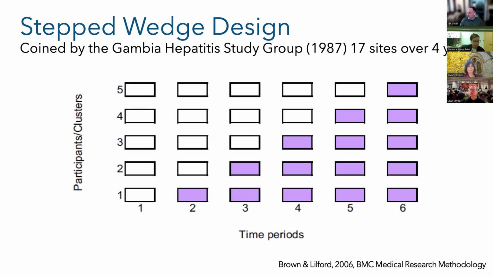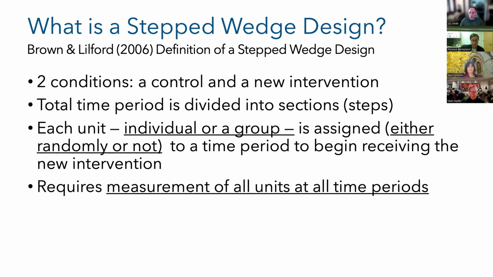I'll get into a little bit more about why we call it a stepped wedge in a second. Brown and Lilford also put out the defining characteristics and definition of a stepped wedge design in 2006. And this is true for a stepped wedge. Some of these things are not true for the whole broad class of rollout designs, but we'll get into the broader class definition in a little bit.